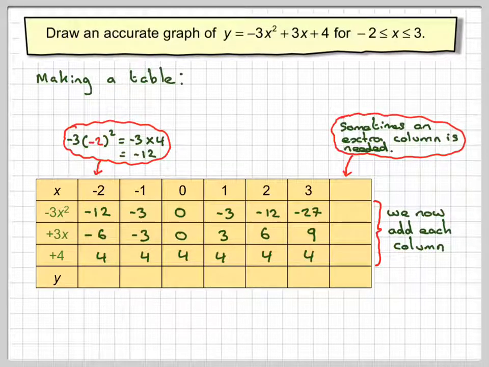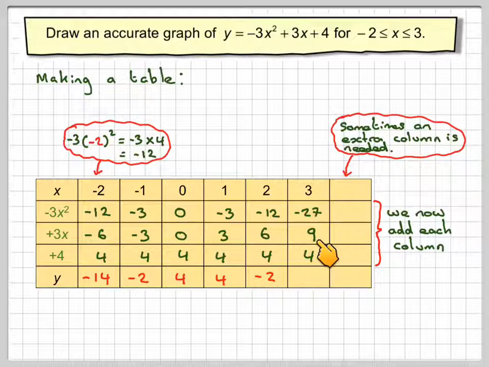That will give me the y coordinate. So we do minus 12 minus 6 plus 4, which makes minus 14. Minus 3 plus minus 3 plus 4 makes minus 2. 0 plus 0 plus 4 makes 4. Minus 3 plus 3 plus 4 makes 4. Minus 12 plus 6 plus 4 is going to make minus 2.